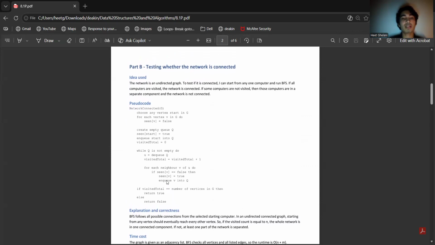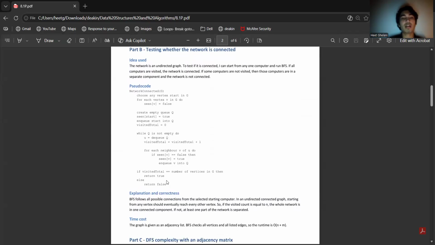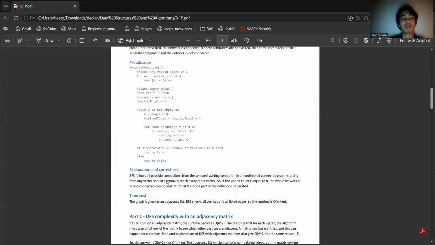In part B, it's basically about testing connectivity. The task was to determine whether a communication network graph is connected. I again use BFS because it is efficient for graph traversal and connectivity checking. I start BFS from any node in the graph and mark visited nodes. If BFS can visit every vertex, then the graph is connected.